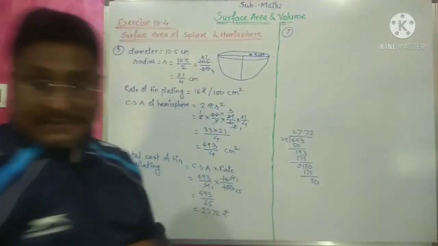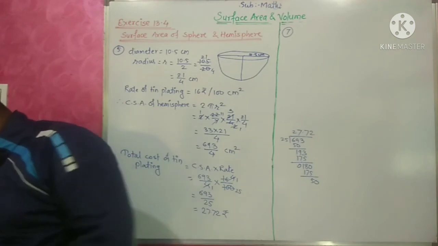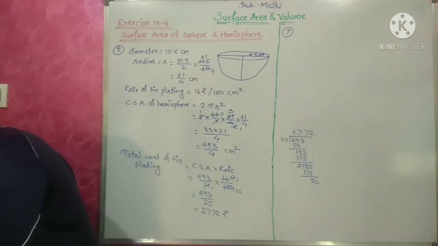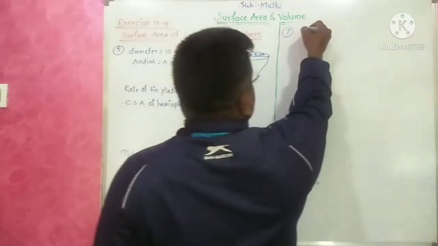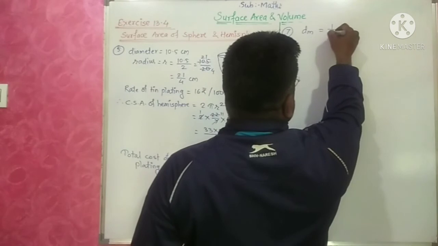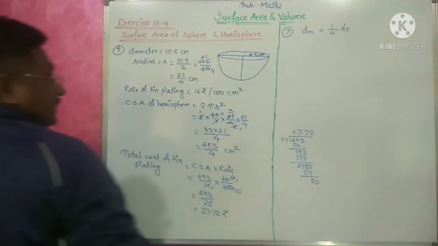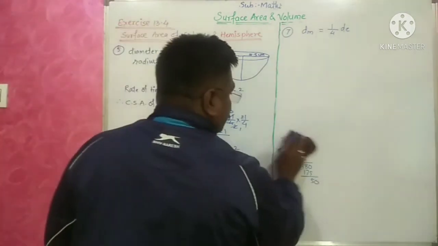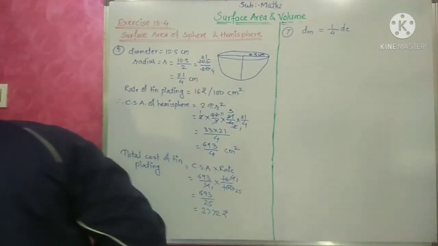So what is given in the seventh question? See, the diameter of the moon is approximately 1/4 of the diameter of the earth. DM means diameter of moon and DE means diameter of earth.